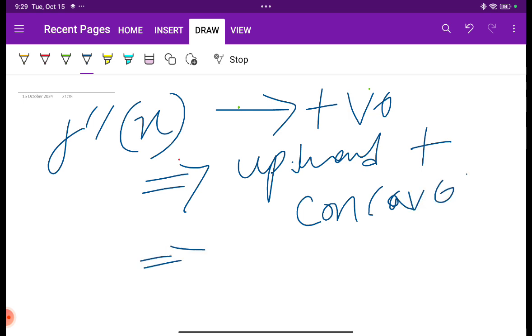And if it's negative, then it's downward, concave down.